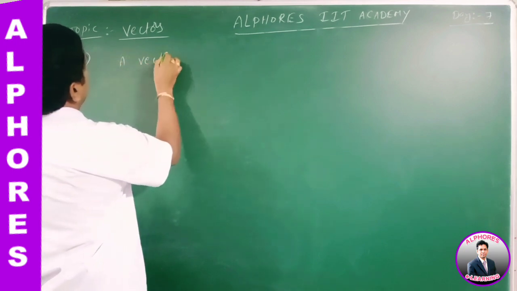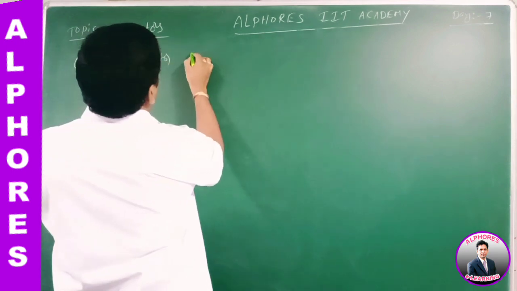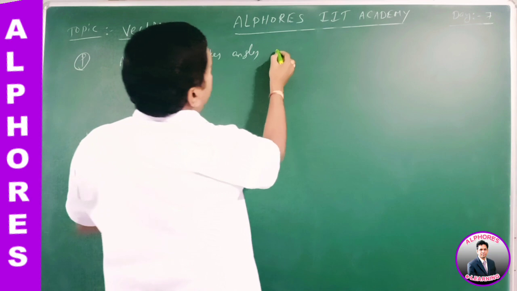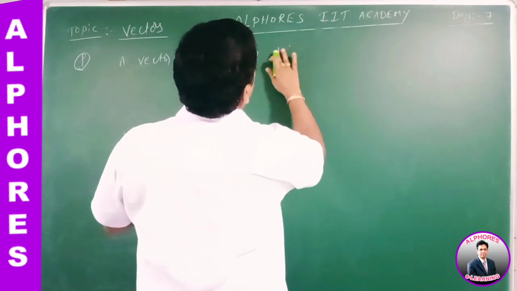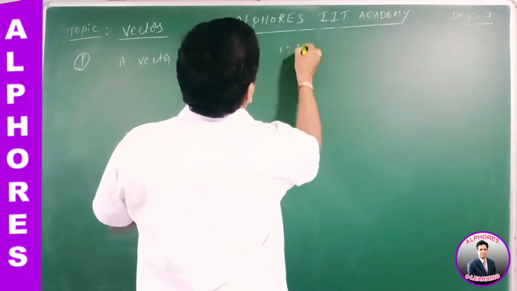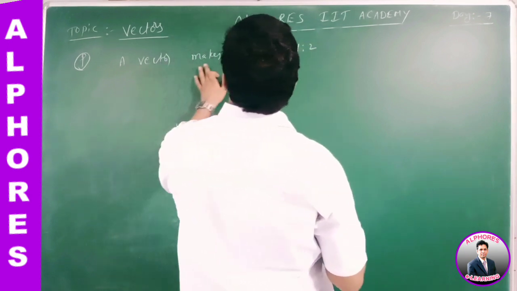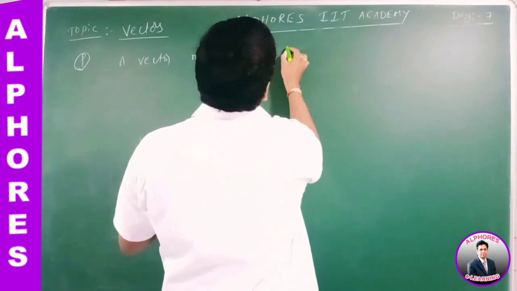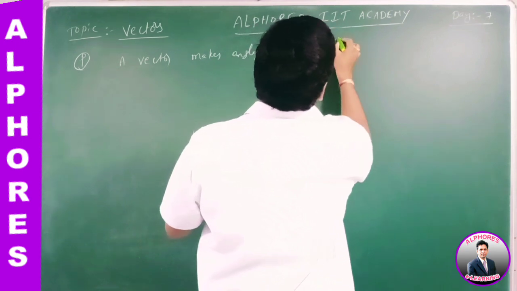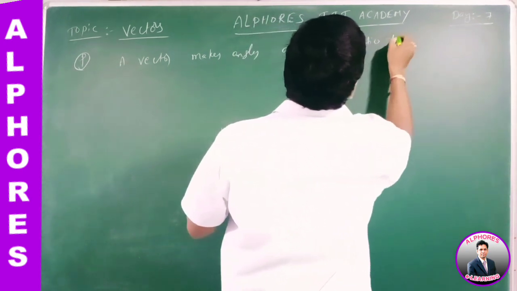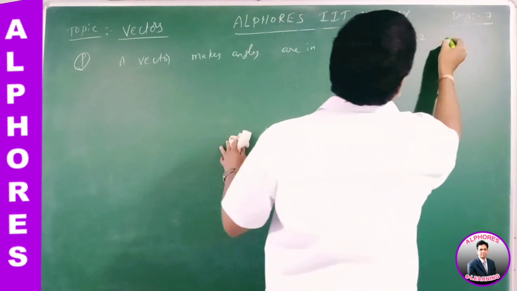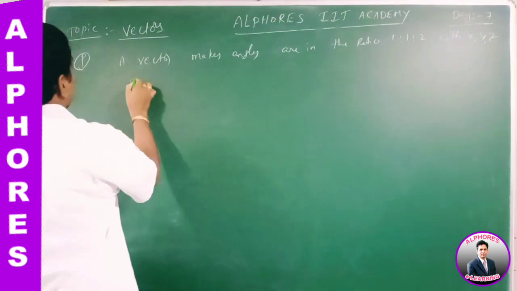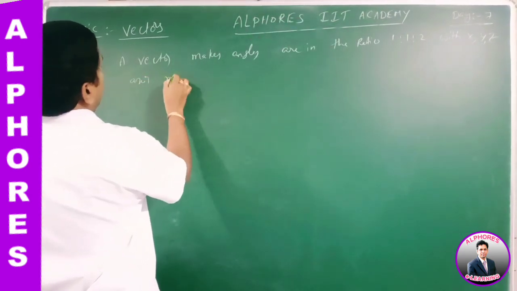A vector makes angles in the ratio 1:1:2 with the x, y, z axis respectively.